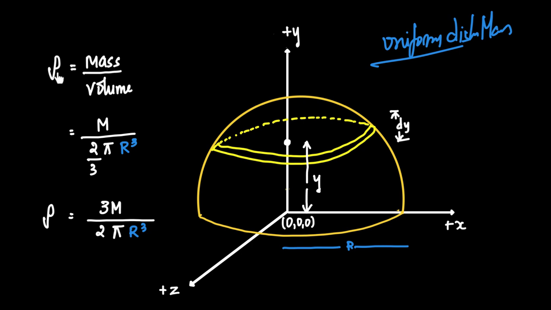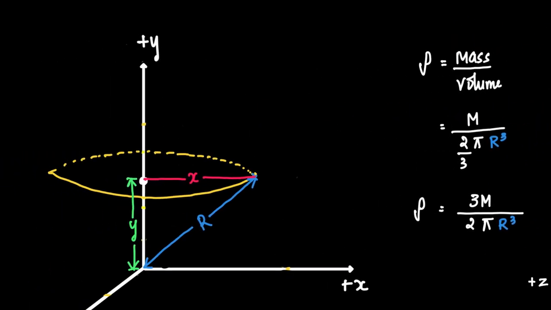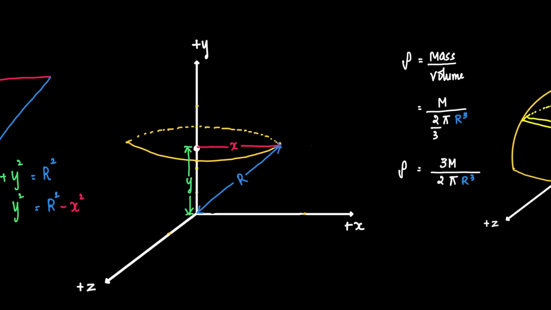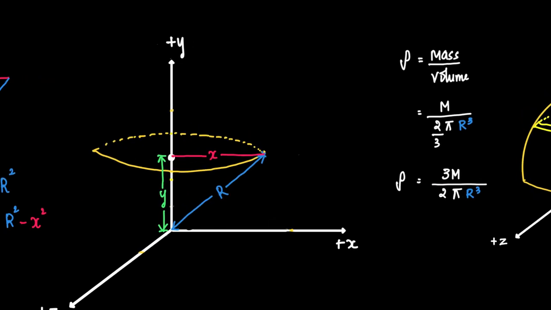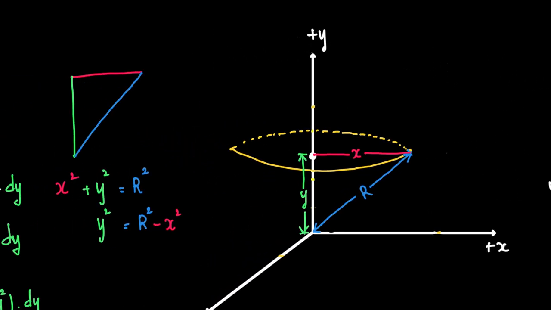So that uniform distribution mass density is rho, which is mass by volume. Mass assumed to be m, and the volume is 2 by 3 into pi r cube, r being the radius of the sphere. So this becomes rho is equal to 3m by 2 pi r cube. Why do we need this? We will come to that in a while.